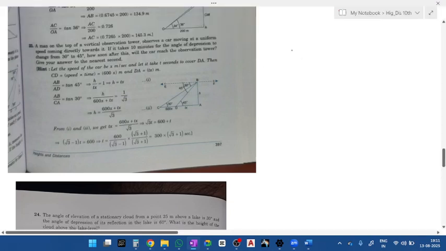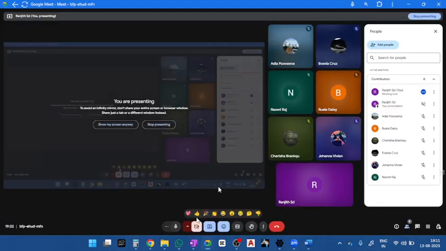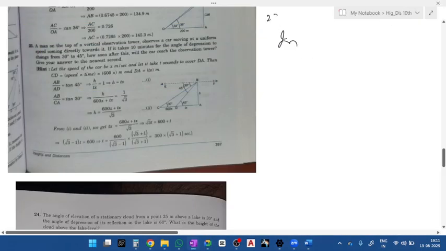Okay, now tell me what are the two triangles we have? Quick, all of you unmute and answer. Ivania, Adya, Charisha, Naomi, Joanna. Unmute. 23rd question, students. Look at the 23rd. In which triangle?